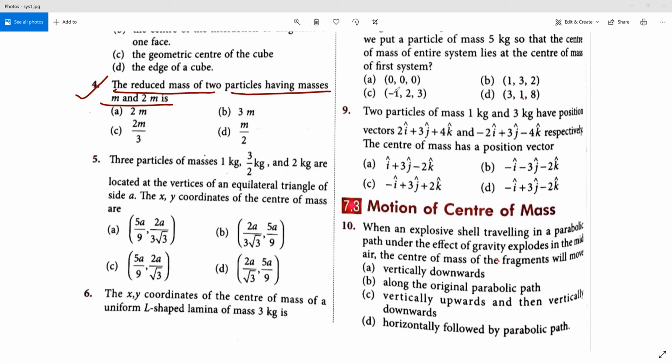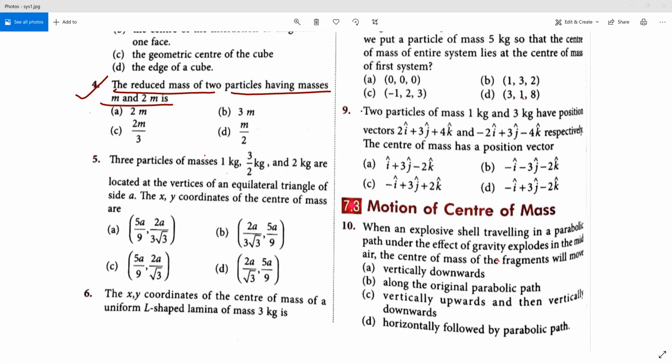So here the reduced mass of two particles having mass m and 2m, four options they have given. By seeing four options, sometimes it is not possible to choose the right option directly. Sometimes it is possible.